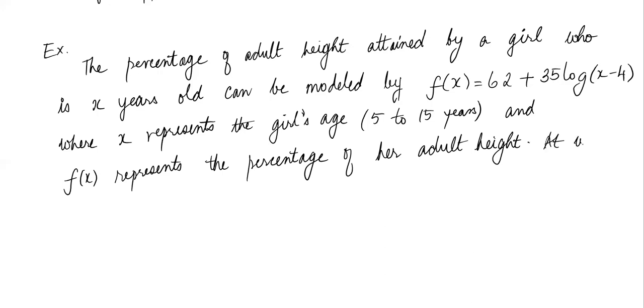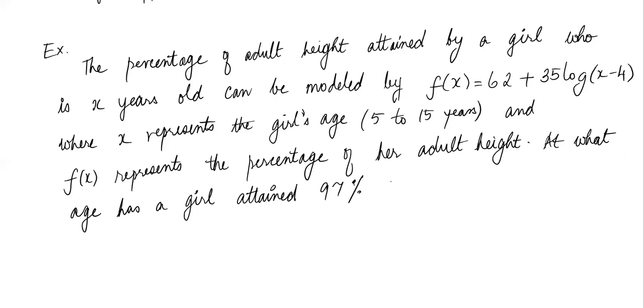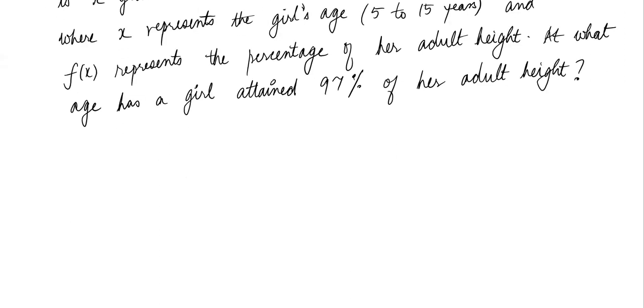At what age has a girl attained 97% of her adult height? Okay. All right.